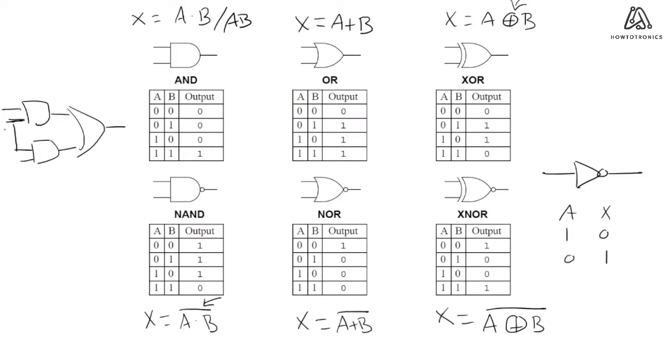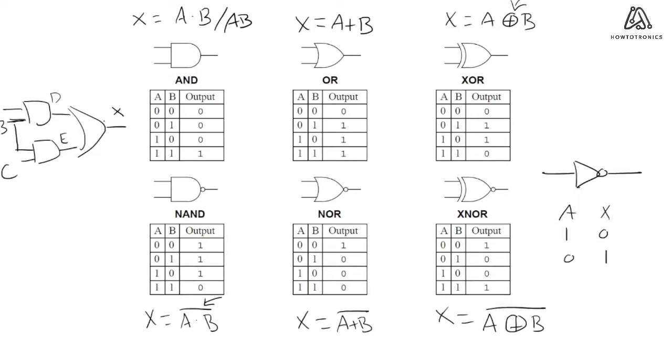So you have A, B, C. Of course, this has 3 inputs now. They have a different truth table, but you get what I mean. And we'll have D, E, X. So D and E will be your outputs for these 2 AND gates here, and they will also be the 2 inputs for the OR gate here.